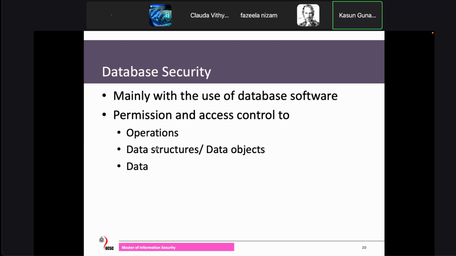So mainly database security relies with database application system. We will be looking at permission and access control to operations, data structures, data objects, and data. So that is how the database security is enforced.